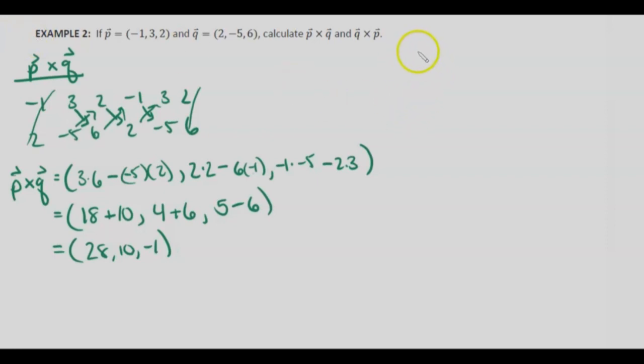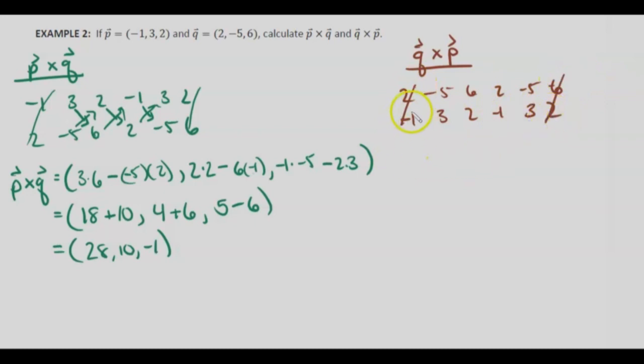Now let's see if we can reverse this and get the same answer. Kind of a little bit of a proof, except we're using actual numbers rather than the theory A1, A2, A3. If we do vector Q cross vector P, we write out vector Q first: 2, -5, 6, 2, -5, 6. Then we write out vector P twice: -1, 3, 2, -1, 3, 2.